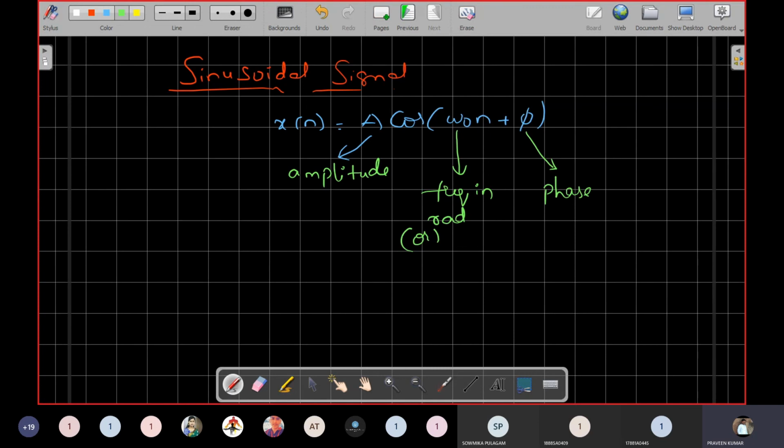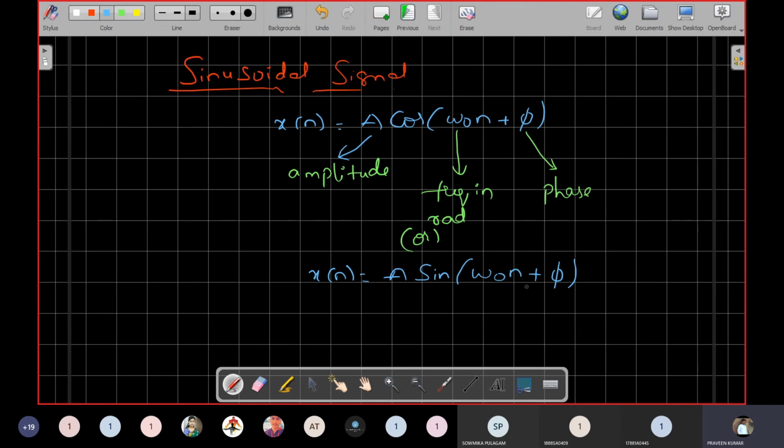Or you can write x of n equal to a sine of omega naught n plus phi, whether it is cos or sine, where a indicates the amplitude, omega naught is the frequency in radians, and phi is the phase.